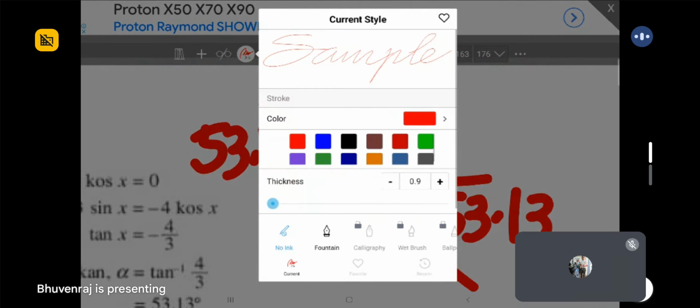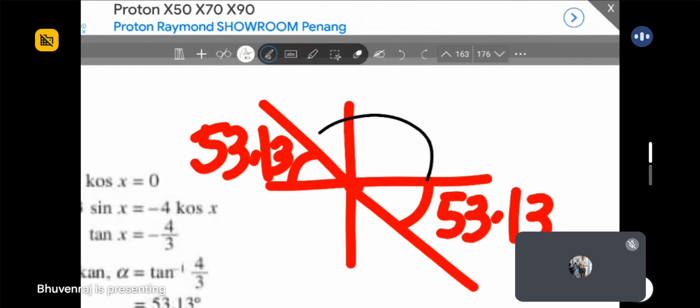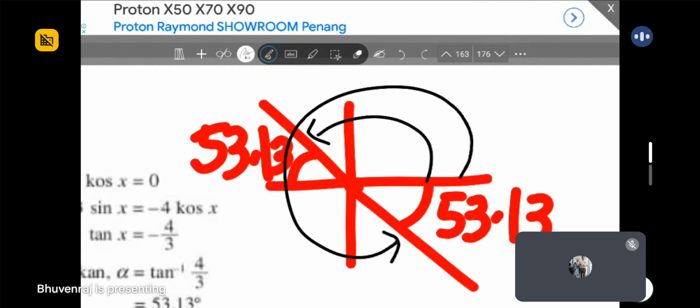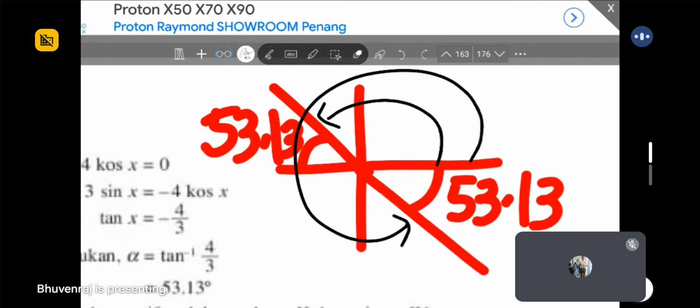Okay, so this is the concept. Okay, so now how do we measure the angle? Macam mana ukur sudut? Okay, so this is the first angle and this is the second angle. Okay, so first angle 180 minus 53.13. Second 360 minus 53.13.